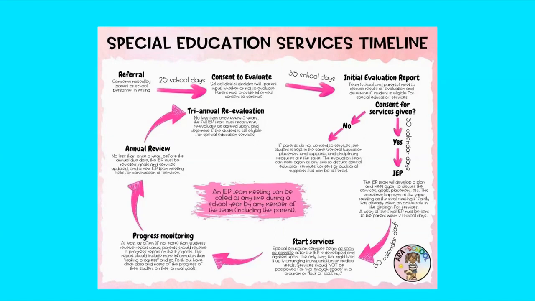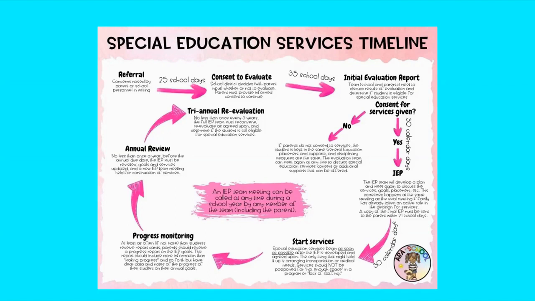Once the services start, there's something called progress reports or progress monitoring. Those progress monitoring reports are done over the IEP goals, and those are typically sent out once every 9 weeks. It depends on the goal itself, because some goals might be written where a progress report needs to be sent home once every 4 weeks.